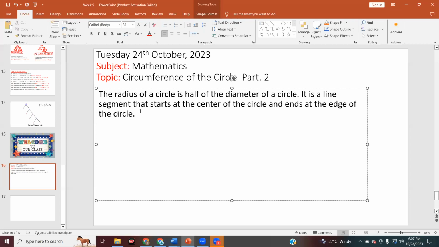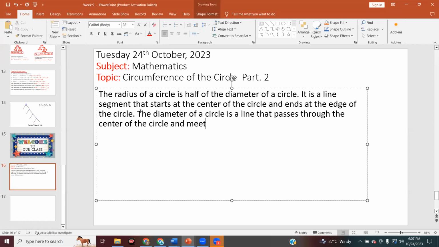So the diameter of a circle is a line that passes through the center of the circle and meets the circumference at opposite ends.